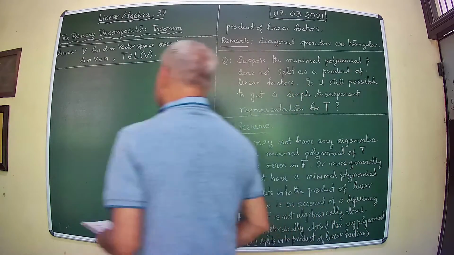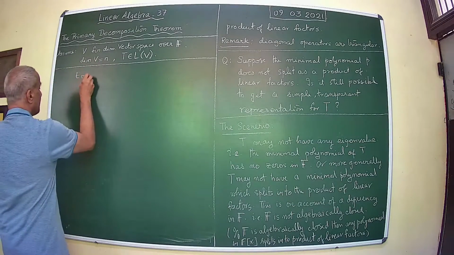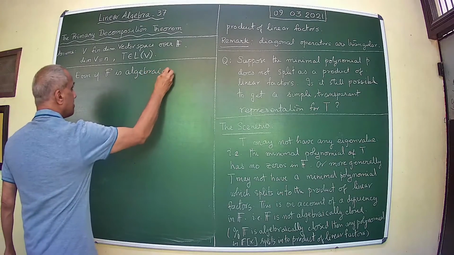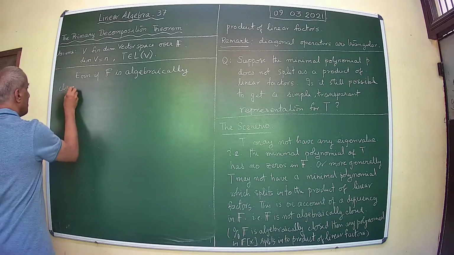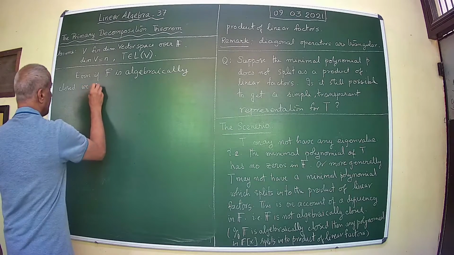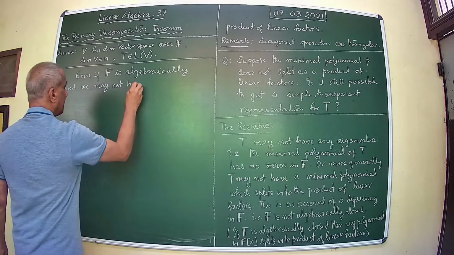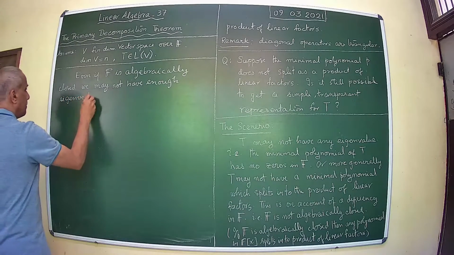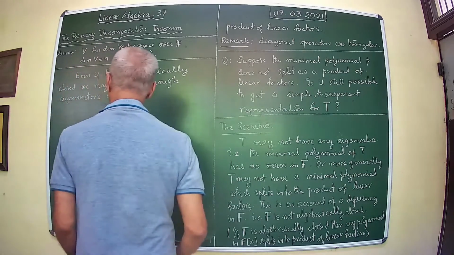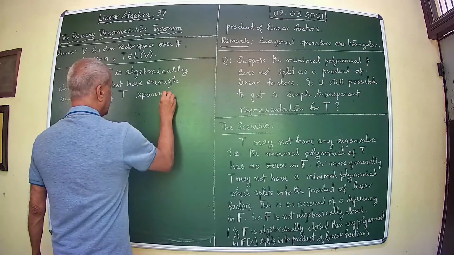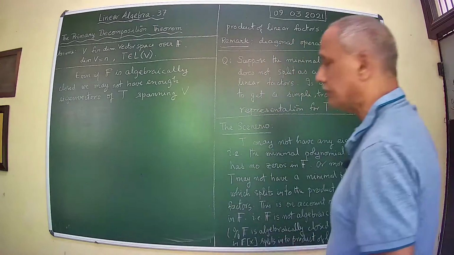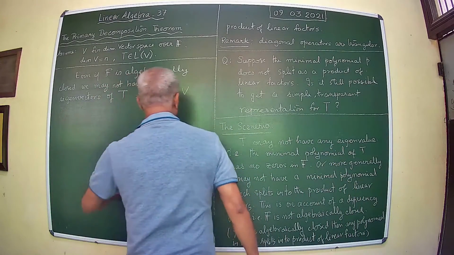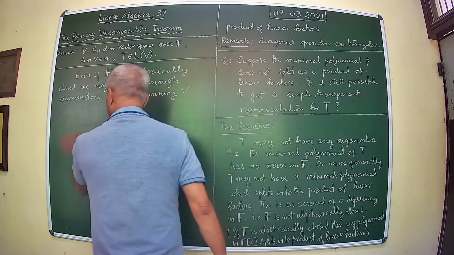So this is the other scenario. Even if F is arbitrary, we may not have enough eigenvectors of V spanning V. So you see that in this case, of course, if it is algebraically closed, then the characteristic polynomial splits into linear factors, all the n roots are there, some of them not necessarily equal.